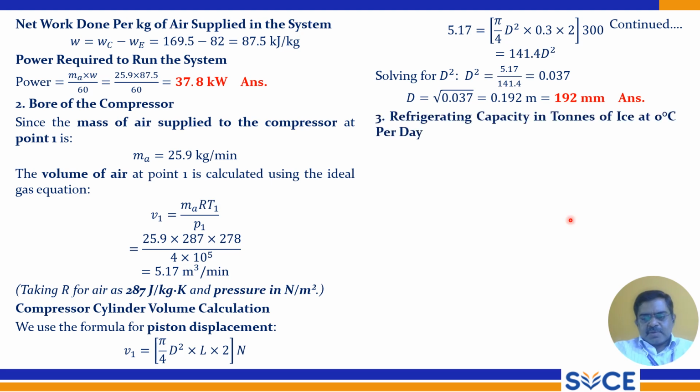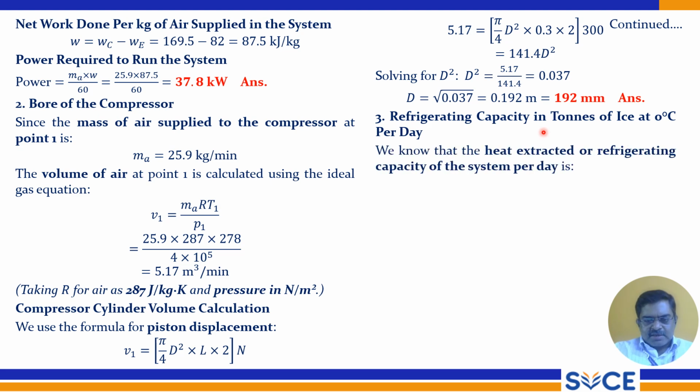Now the refrigerating capacity in tons of ice at 0 degrees Celsius per day. So this can be calculated. We know that the heat extracted or refrigerating capacity of the system per day is Q equal to 126 into 24, that is equal to 3024 megajoules. So that is equal to 3024 into 10 to the power of 3 kilojoules.